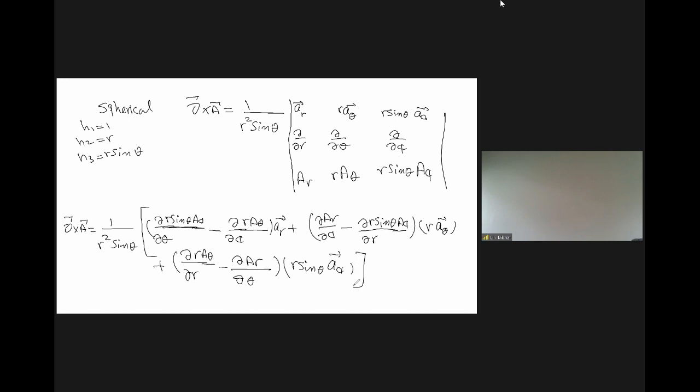Any questions? d/d theta of r sine theta A_phi minus d/d phi of r A_theta, and then I had d/d phi of A_r minus d/dr of r sine theta A_phi times r a_theta. Then I had d/dr of r A_theta minus d/d theta of A_r multiplied by r sine theta a_phi.